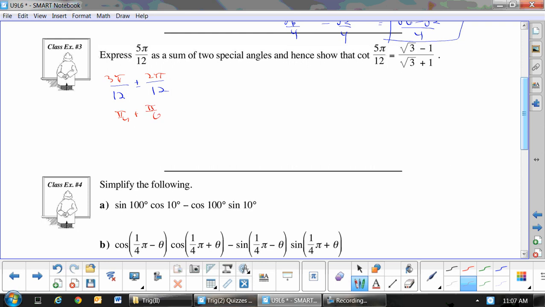Now if I just came out with pi over 4 plus pi over 6, right? I know most of you would go, how did you do that? Okay, so make sure you're putting it over the denominator that they give you and put a plus or minus.